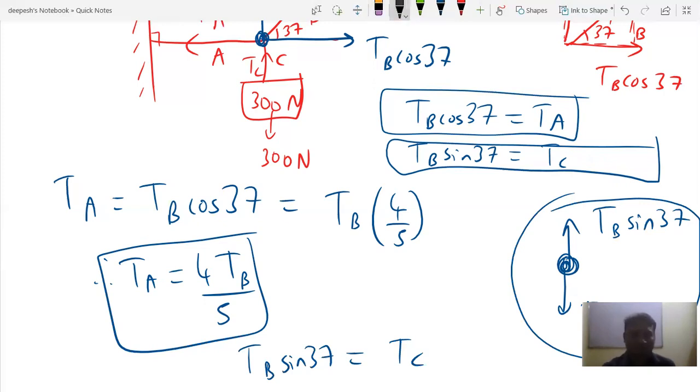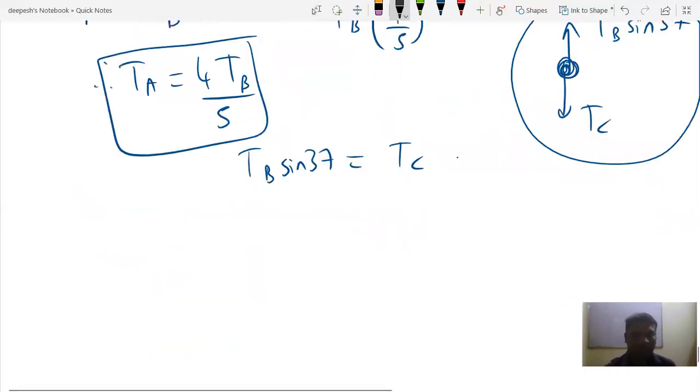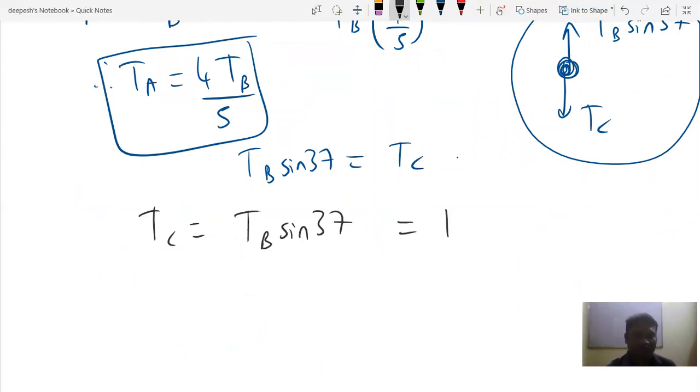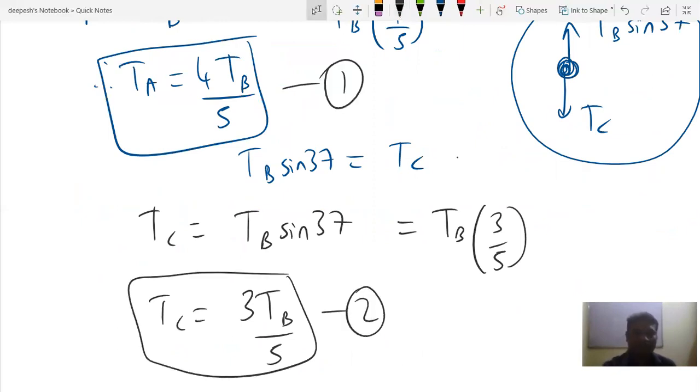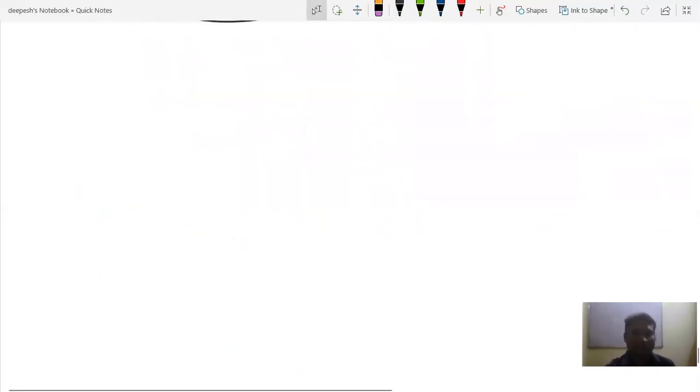So let us substitute the values. Sin 37 is 3/5. TC comes out to be TB sin 37. Sin 37 is 3/5. So TB into 3/5. So TC comes out to be 3 TB upon 5. This is equation 1. This is equation 2. Finally, let us draw the diagram of the 30 kg block.